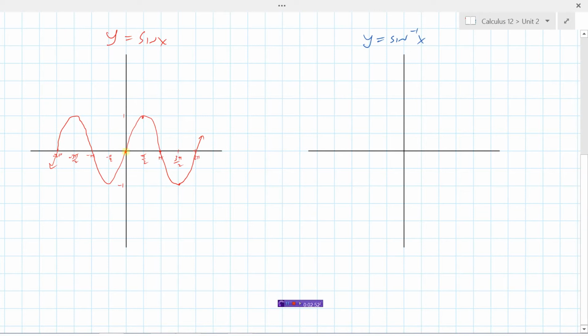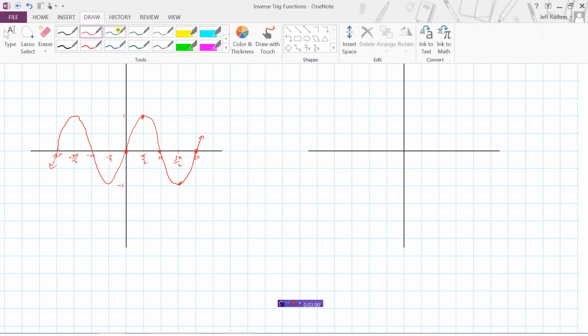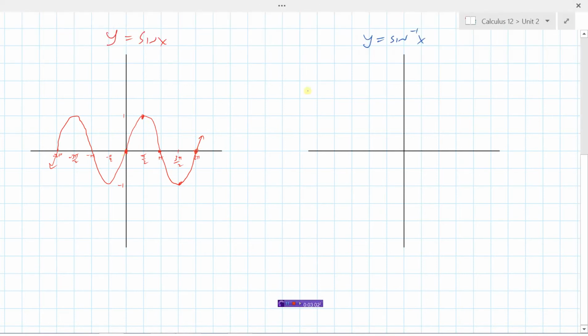Let's take these 5 points right here and plot their inverses. Remember, the inverse is switching x and y, so 0, 0 is still going to be 0, 0. Instead of the point pi over 2, 1, we're going to have the point 1, pi over 2. So we're going to basically swap our scales around here, which is kind of why I chose to do it on a separate graph.